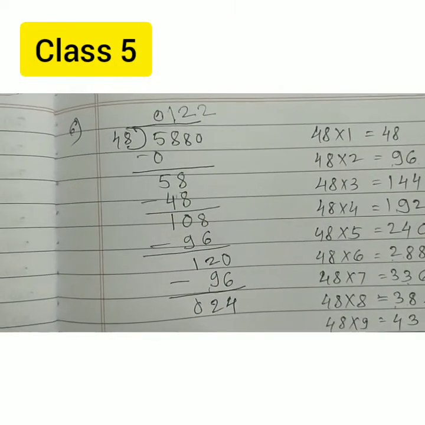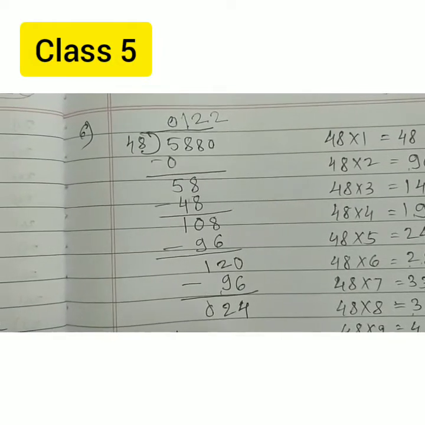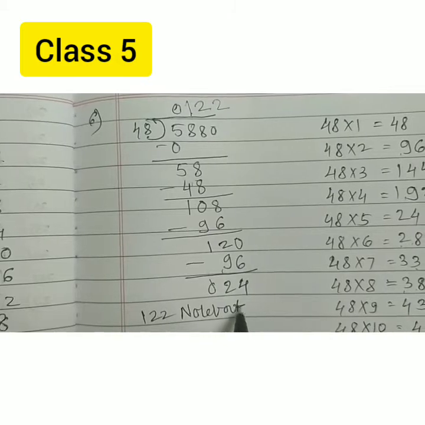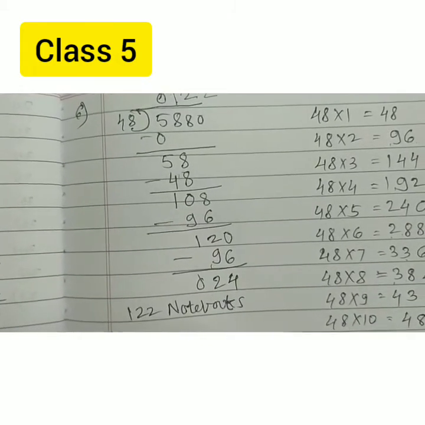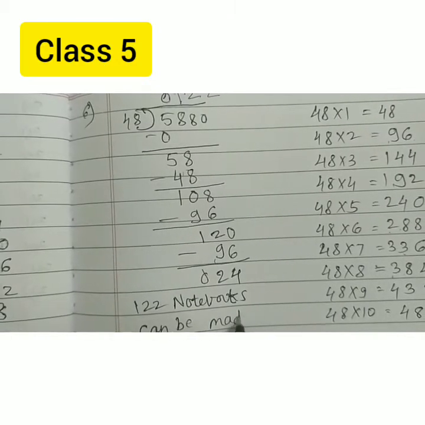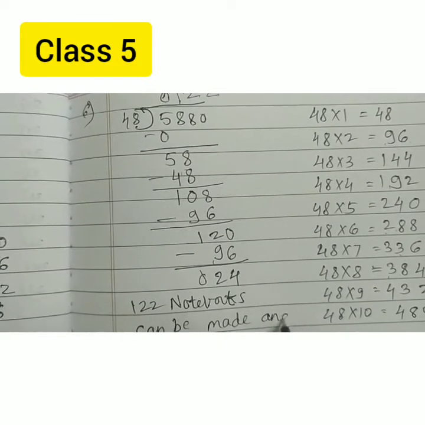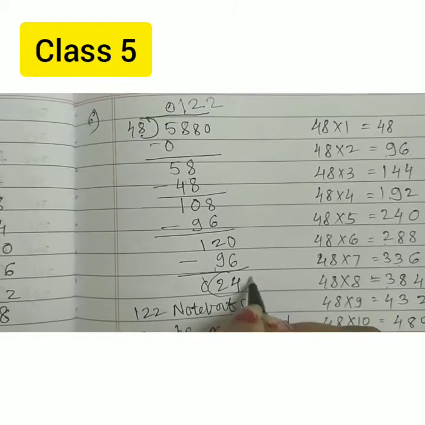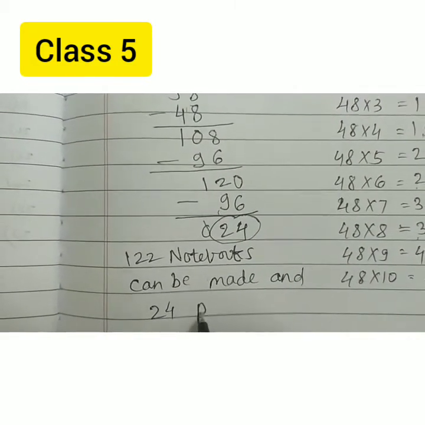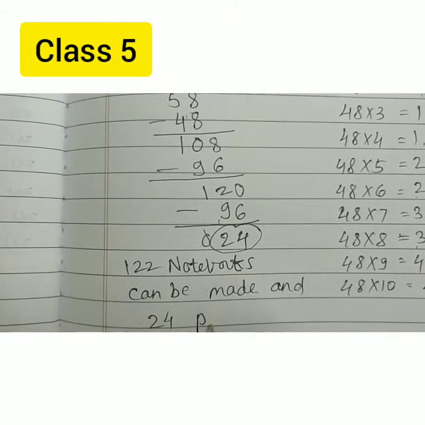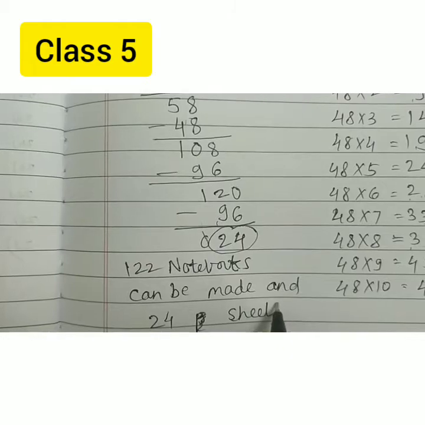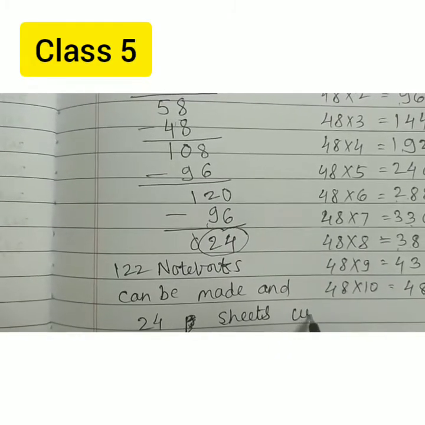That means we can make 122 notebooks. And remainder is 24. That means 24 pages, or papers, or you can say sheets will be left.